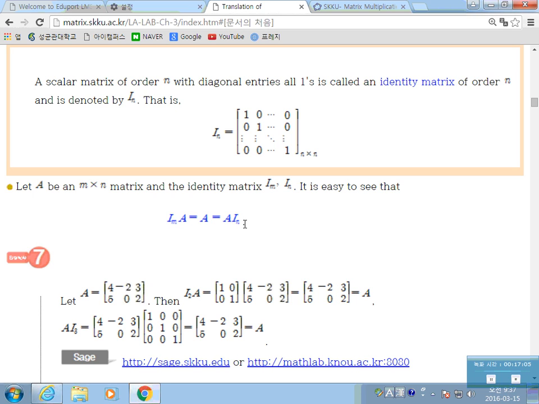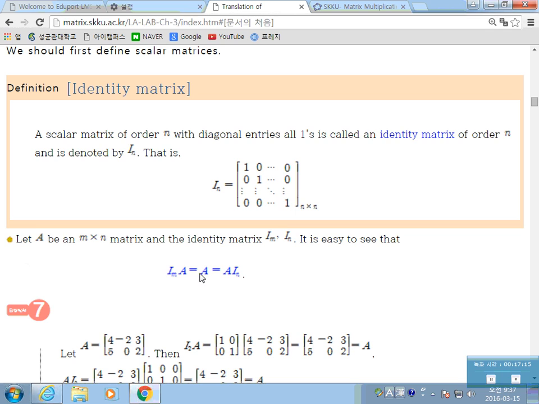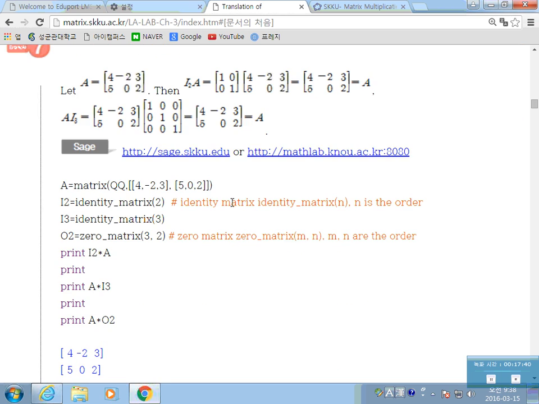If we multiply the identity matrix of size n on the right hand side, then it is going to be the same matrix A. Since the size of matrix A is m by n, if you want to multiply a matrix on the left, then it should be size m, and if you want to multiply from the right hand side, then the matrix should have n columns. So the identity matrix has this property.